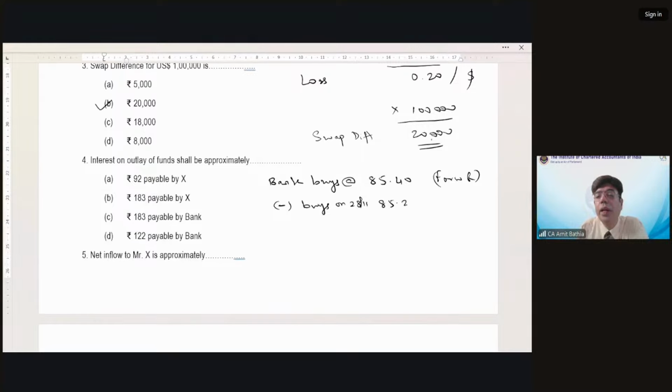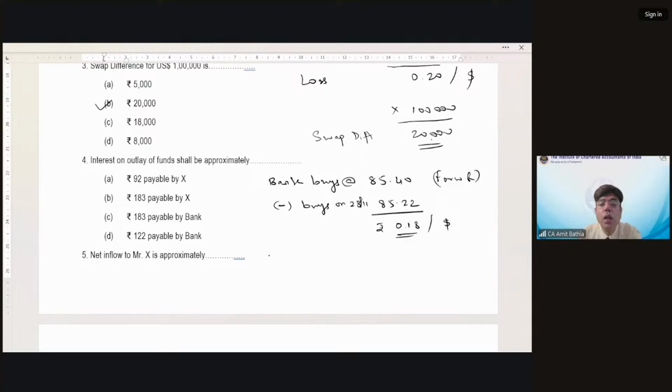It will be 85.22, right? So what is the excess paid? 0.18 rupee per dollar. Am I right? Because the forward rate is 85.40, and the bank currently buys at 85.22. So rupees 0.18 is the difference.